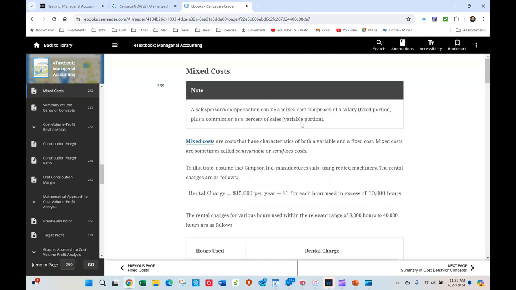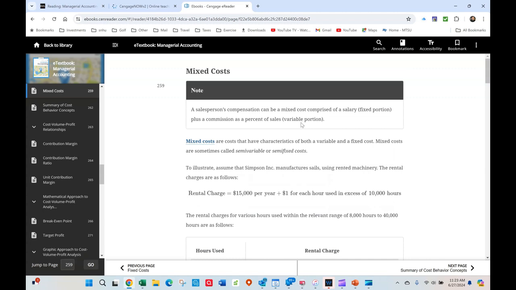And mixed costs are sort of a combination. It would be similar to if you had a cell phone plan where you paid a fixed amount for up to, say, 2 gigabytes of data, and then you paid an additional amount for anything over that 2 gigabytes, then you would have a mixed cost.